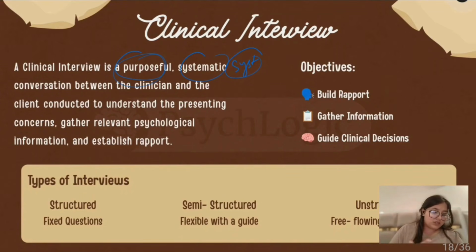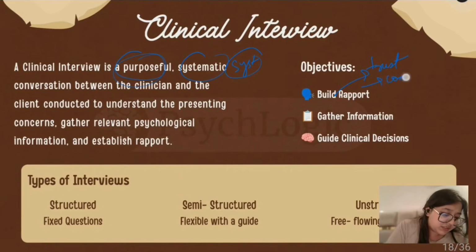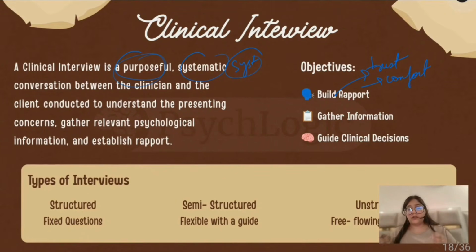Now, when you're trying to understand the person's story, there's something important while doing that. First is building rapport. Building rapport is basically building trust, building that comfort level where that person feels safe enough, comfortable enough to share his or her story, right? You have to be warm. You have to mention that there is no judgment here. Whatever you tell me here, we won't share it with anyone.